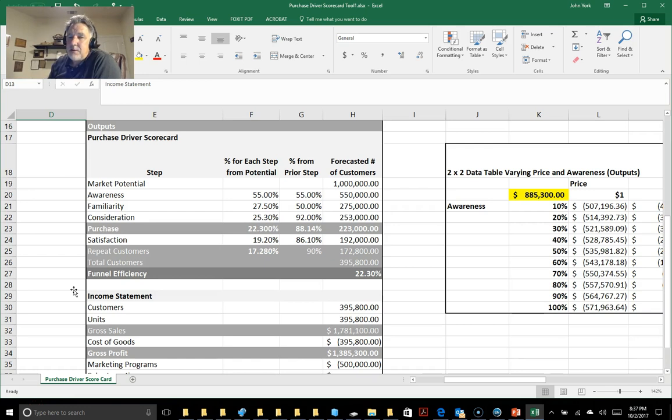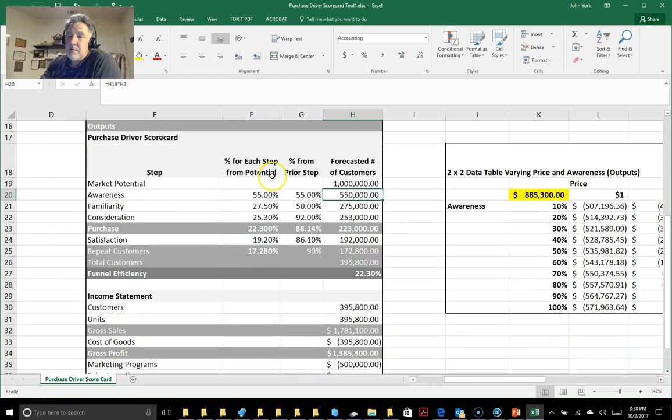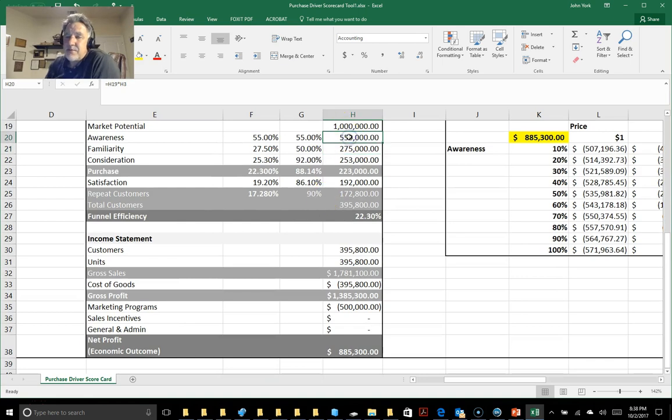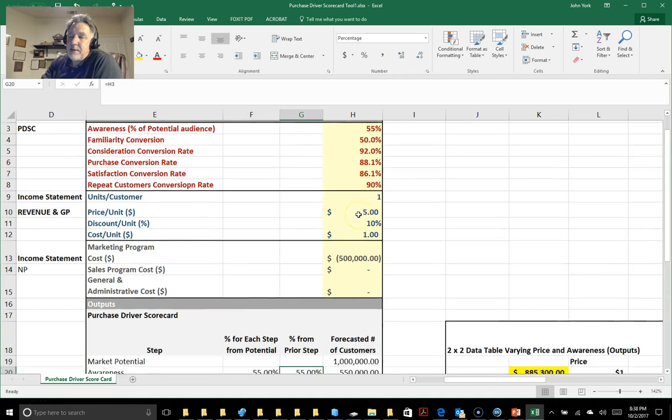So then you structure your outputs, and when you structure your outputs, you start with market potential. But then what you do is you build your formula based on your input variables, as we have here, versus potential. And this is basically, again, the input variable times the previous round awareness, and so on and so forth. I also like to know my percent conversion prior step, which is basically pulling straight from the input variable.